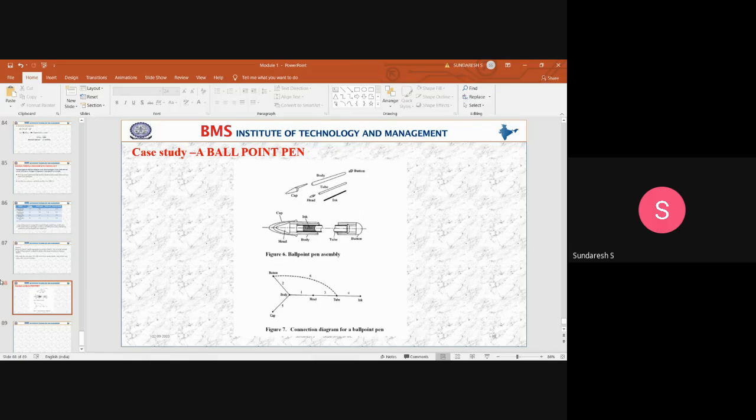Okay. Next, second important question. Is it possible to reduce the cost by using your engineering knowledge or technological knowledge? Yes, sir. We are talking with respect to the ballpoint pen only. So how can you go ahead with it?